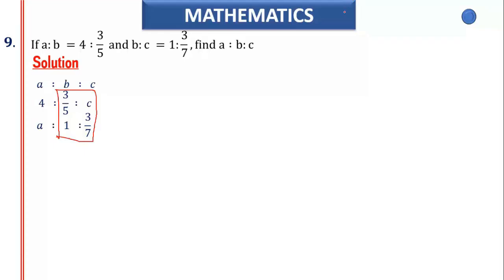Either of the groups you decide to use will give you the correct answer. From my own solving here, I made use of the first grouping, which is this. So this will be equal to this.